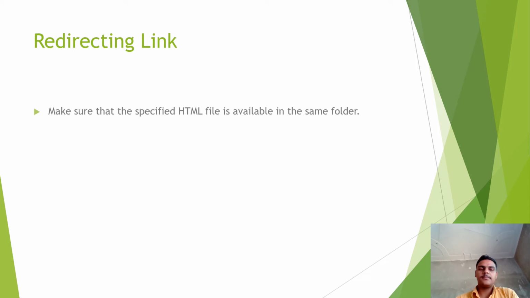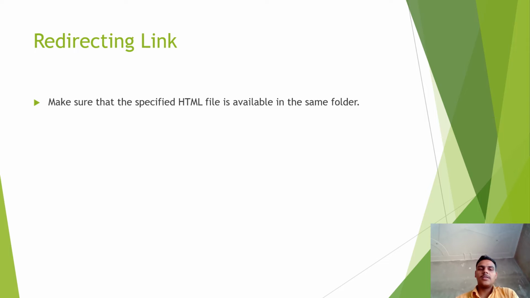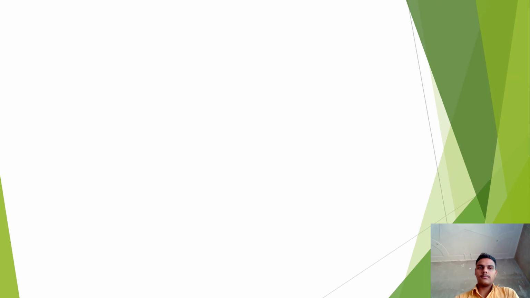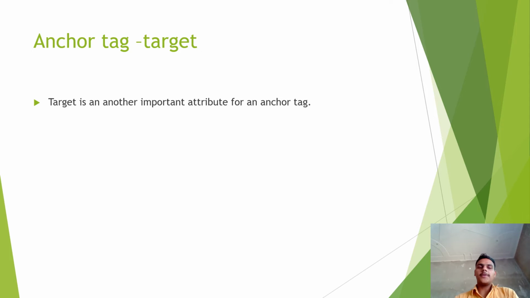Redirecting link. Make sure that the specified HTML file is available in the same folder. Specify the name along with the path, else you will get a file or page not found error. Anchor tag target. Target is another important attribute for an anchor tag.